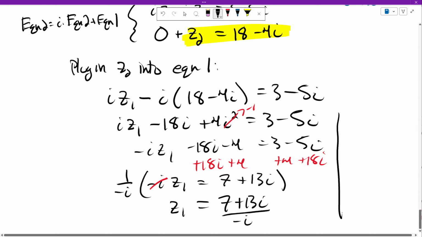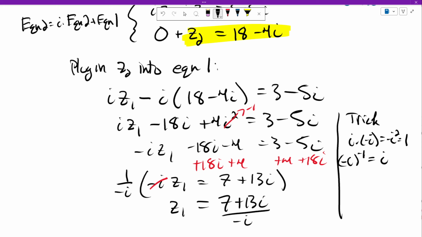Now a trick when you're inverting i is that i times negative i is negative i squared, which is 1. So what this tells us is that the inverse of negative i is equal to i. Namely, when I multiply negative i by i, I get 1. So it must be that i is the reciprocal of negative i.